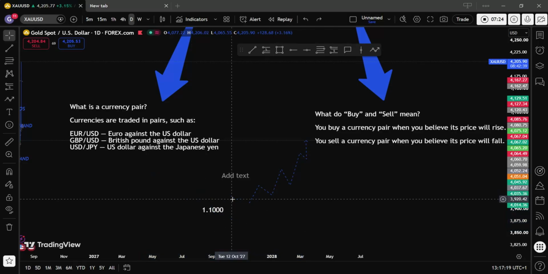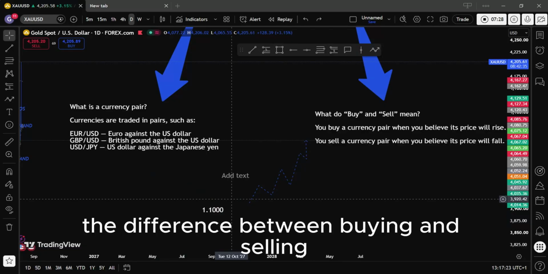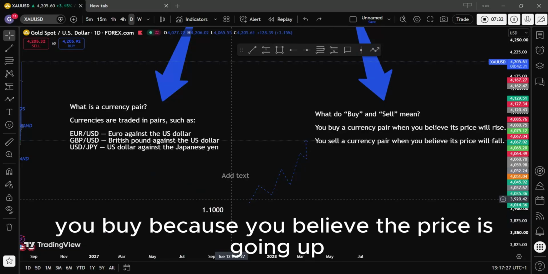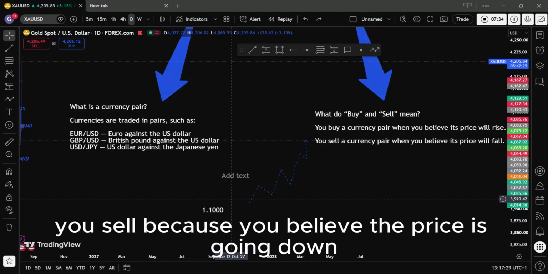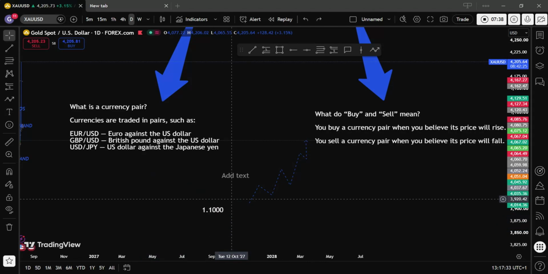You see? So you should know the difference between buying and selling. You buy because you believe the price is going up. You sell because you believe the price is going down.